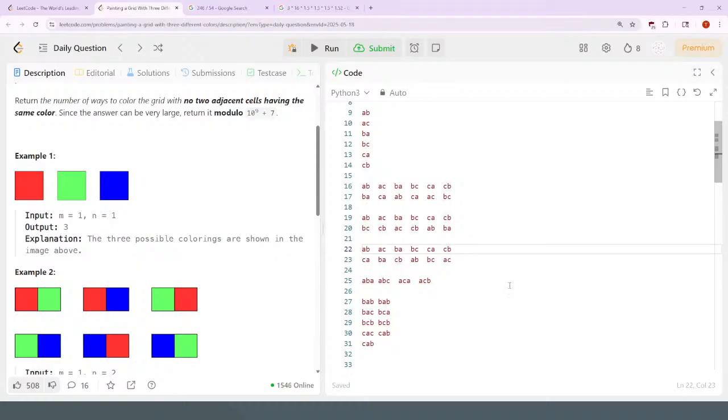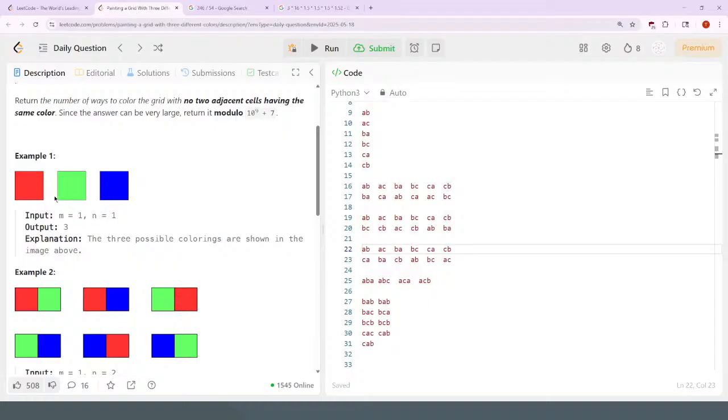What if I just did a count of the number of ways where the last color is a certain color? So let's say I fill it out.